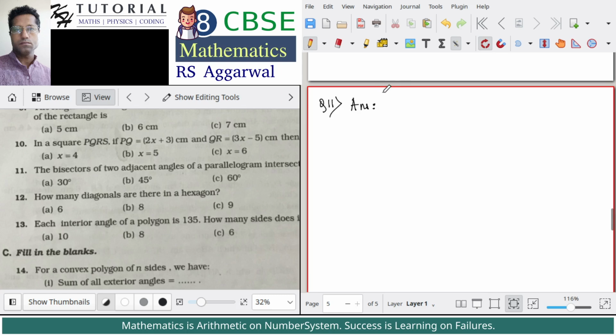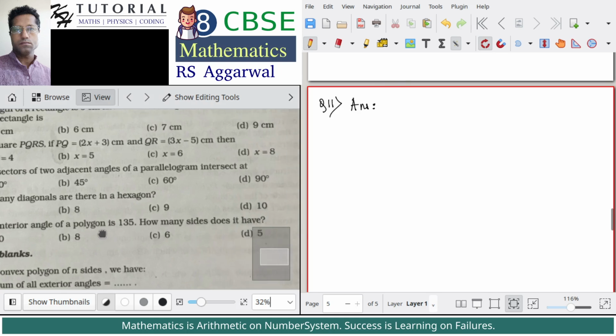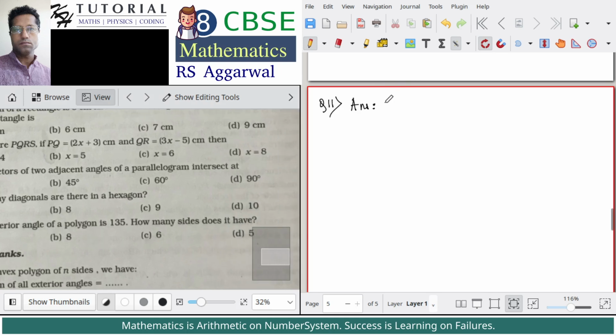You should always remember that the bisectors of any two adjacent angles in a parallelogram always intersect at 90 degree. So question number 11, answer is choice D, that is 90 degree. This problem I have already solved in the previous video, it should be either in solving exercise 16a or 16b.